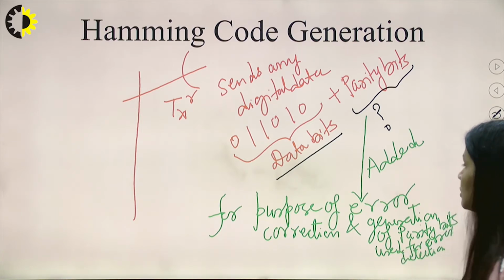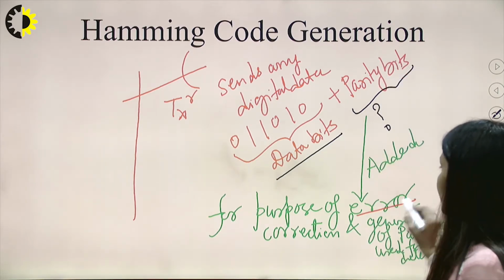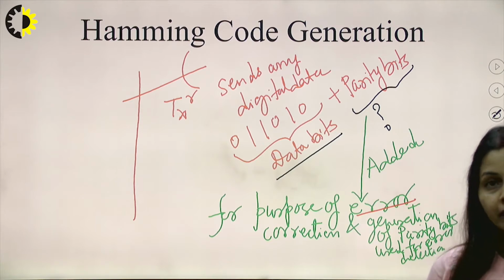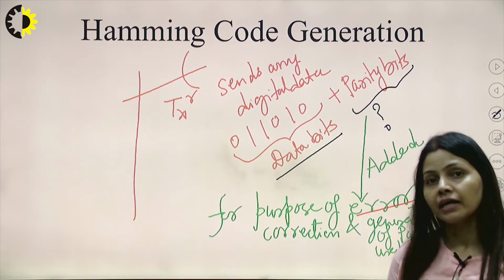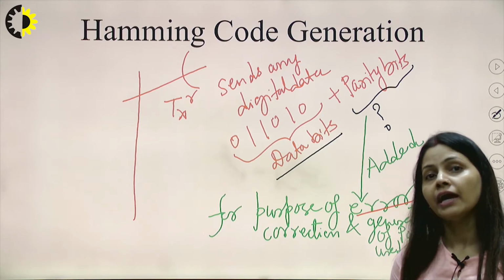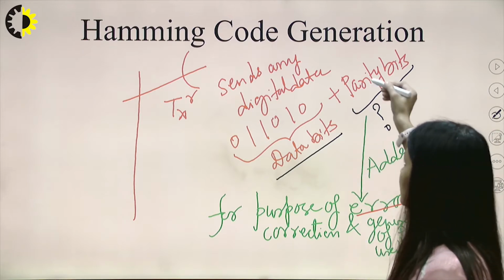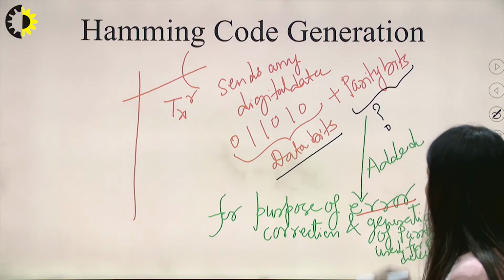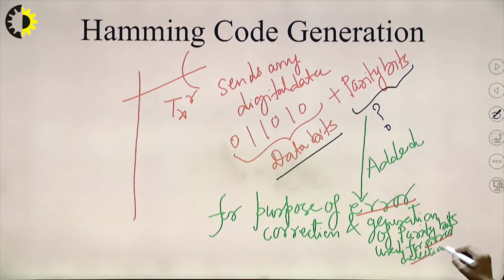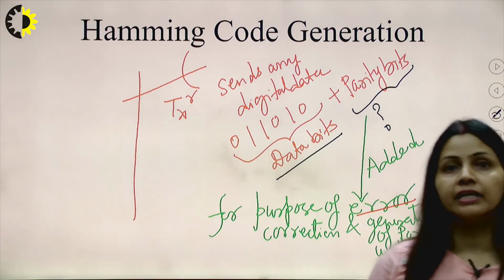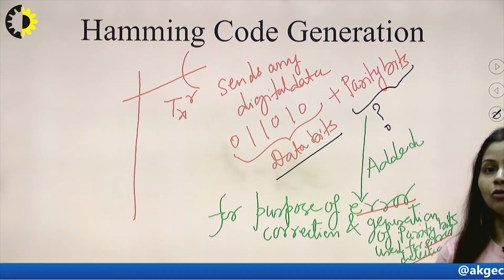So to correct the error, when we transmit the data, and let's say any bit gets erroneous, in that case we are having these parity bits, and these parity bits are used for error detection. If we can detect the error, then we can correct the error also.